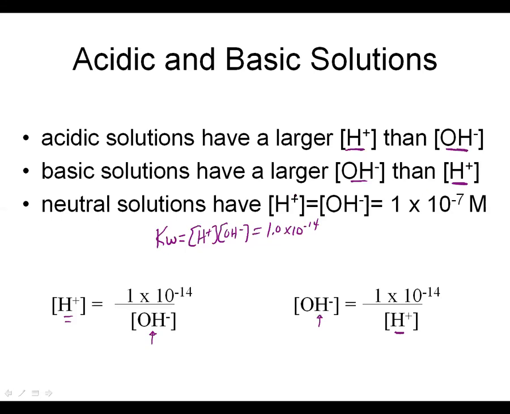And if they actually equal each other, like they do down here, they both will have a concentration of 1 times 10 to the minus 7, which means you would have a neutral solution. So you can calculate these if you know either the H plus concentration or the OH minus concentration, and you can compare the two and determine if it's acidic, basic, or neutral.